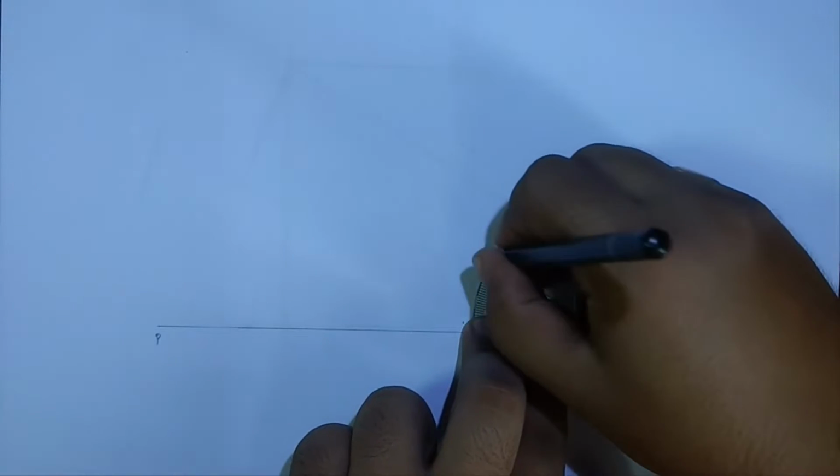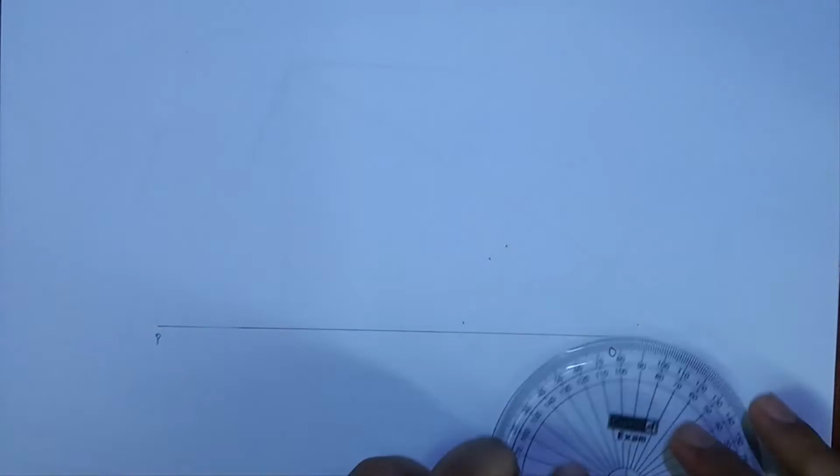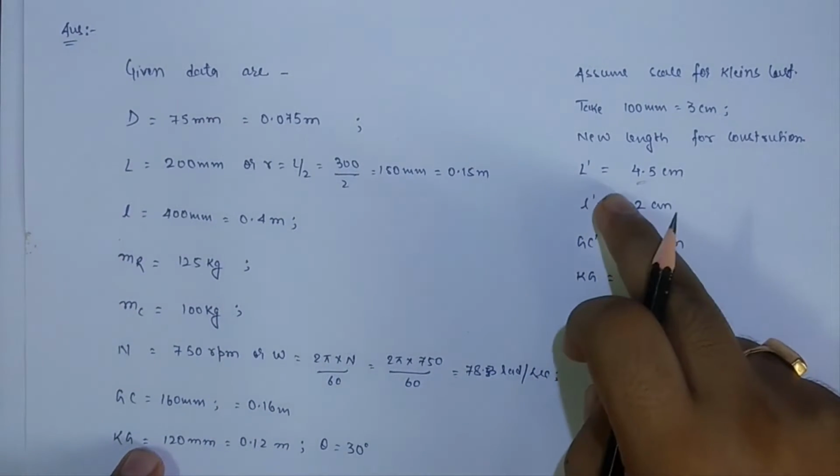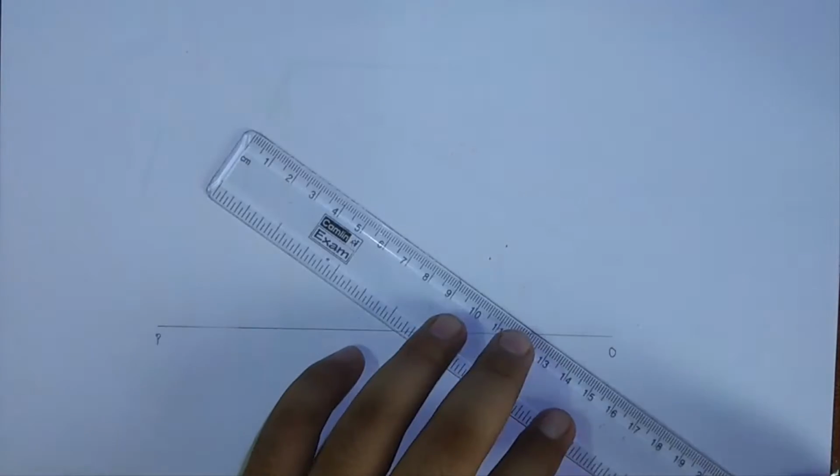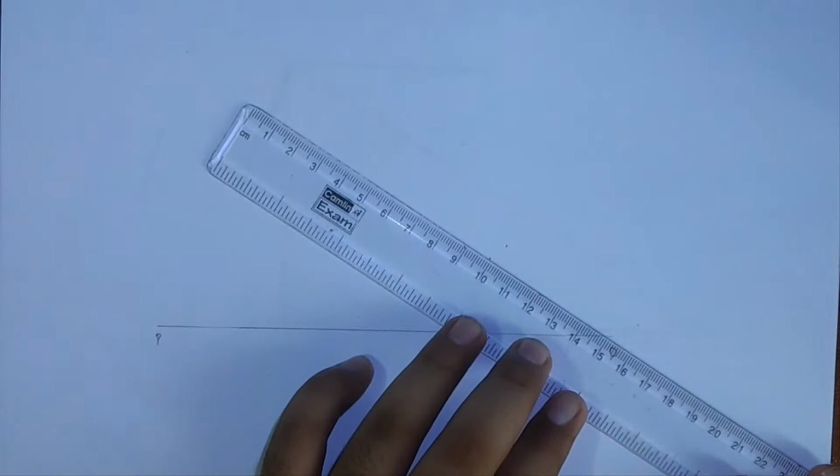We have to draw 30 degrees because it is given in the question, and the length should be L dash, 4.5 cm, that is the length of the crank.